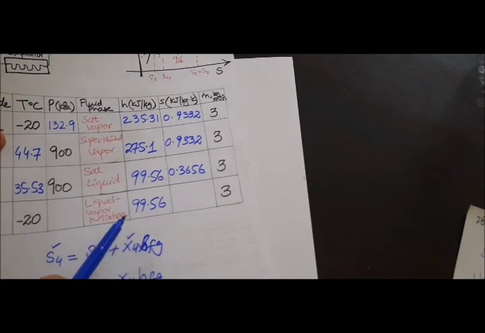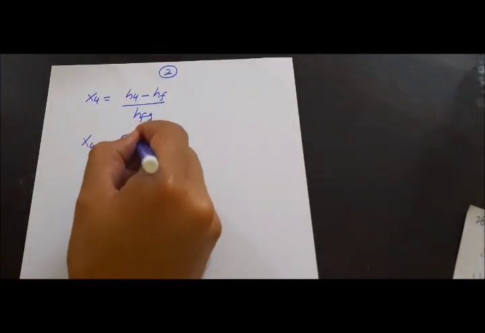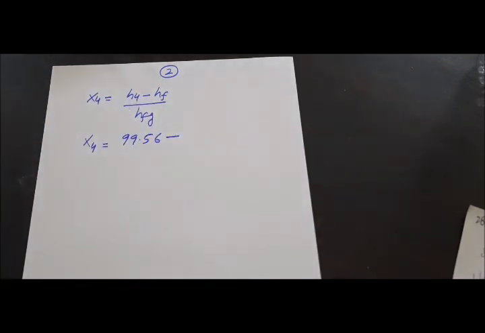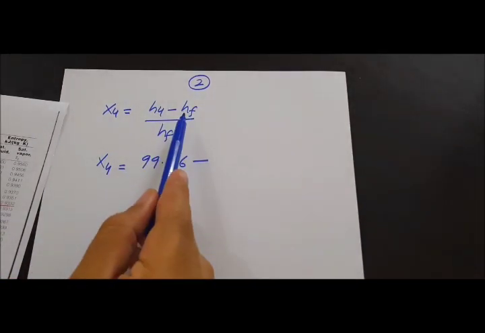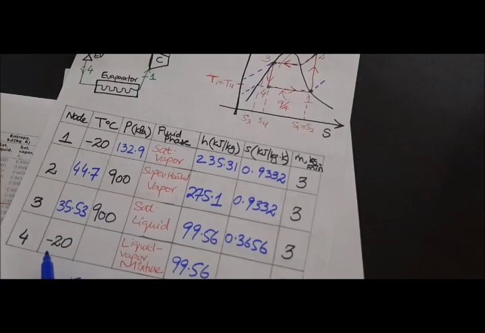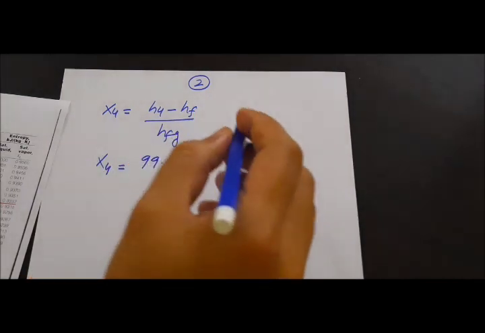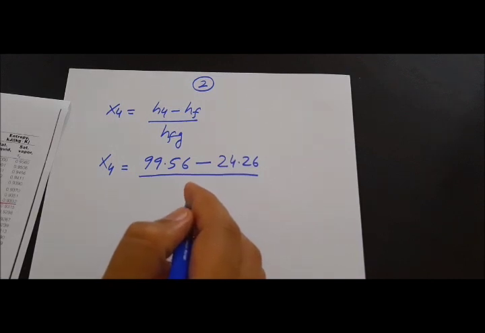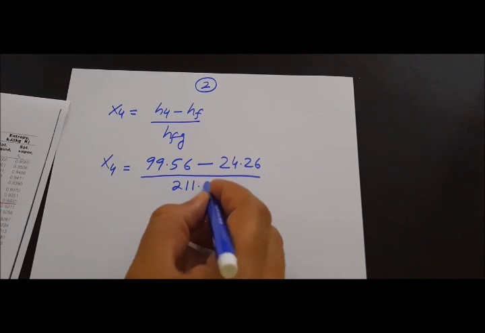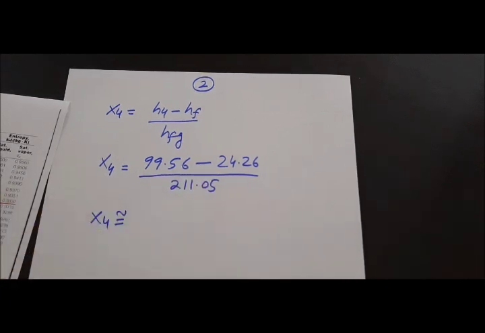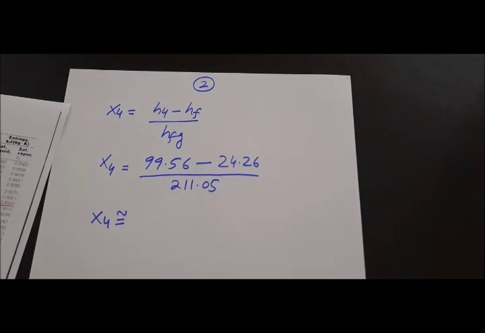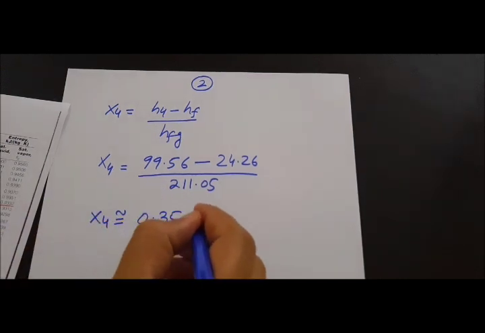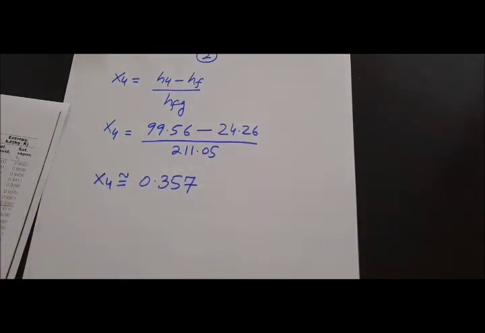So 99.56 minus HF at this particular state, HF at minus 20 degree centigrade, which would be 24.26, divided by HFG, which is 211.05, and from this you will get an approximate value of nearly 0.357. So this is how you would find X4.